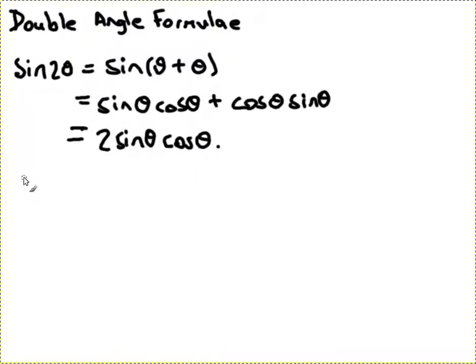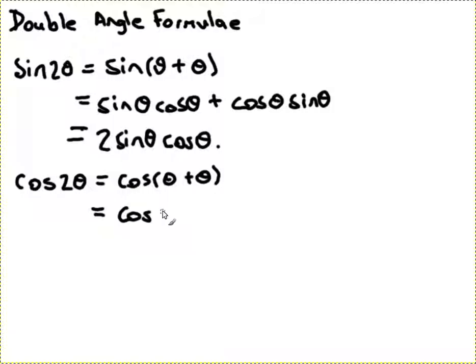Likewise, I could do the same thing for cos 2 theta and rewrite it as cos of theta plus theta, I apologise for that, and that gives me cos squared theta minus sine squared theta, the classic formula for cos 2 theta.